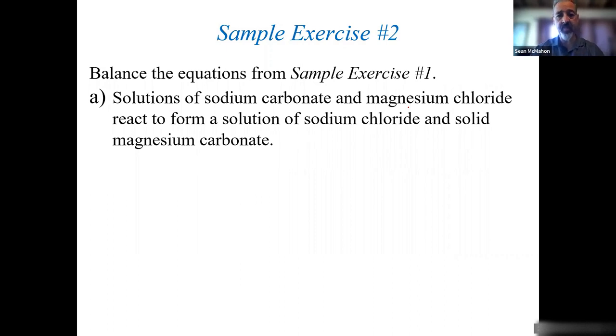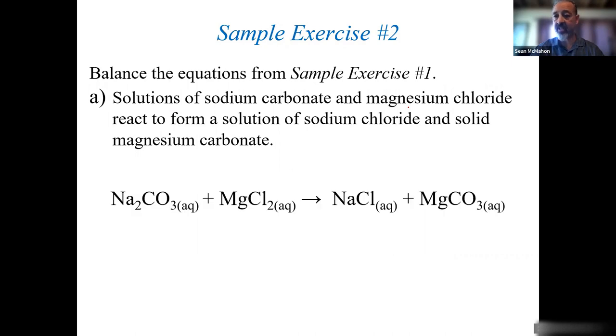But for this, right, sodium bicarbonate, we already kind of did this in sample exercise 2. Solution, with a solution of magnesium chloride produces sodium chloride solution and solid magnesium carbonate, except for I messed up right here, so I apologize. So I need to balance it. So first, metals.